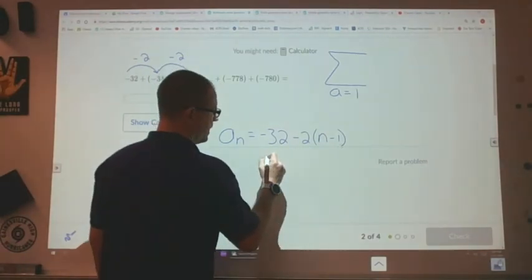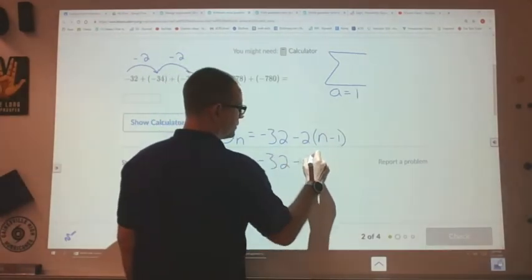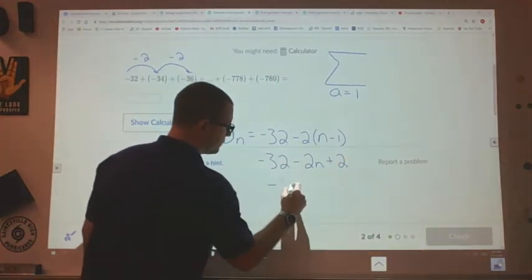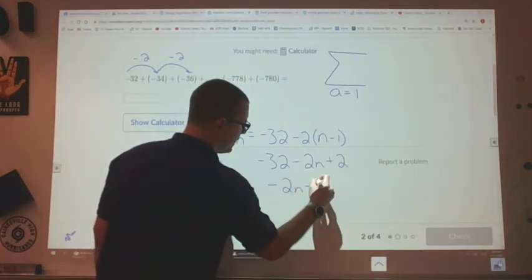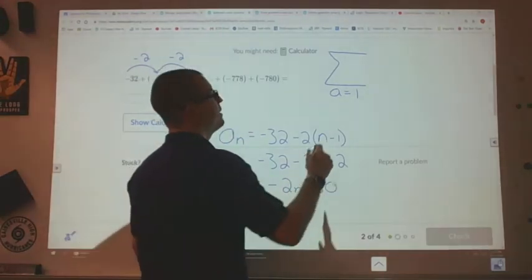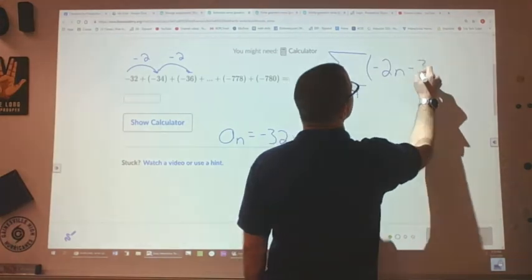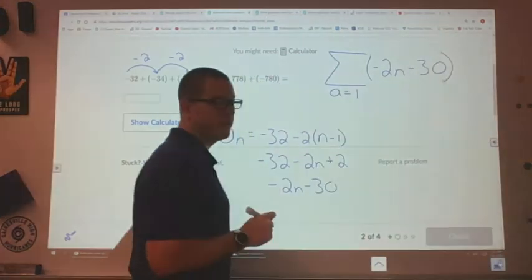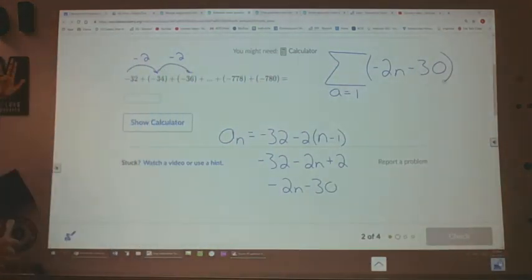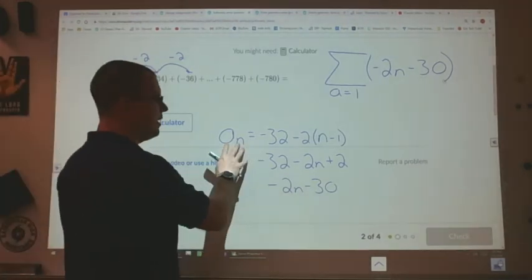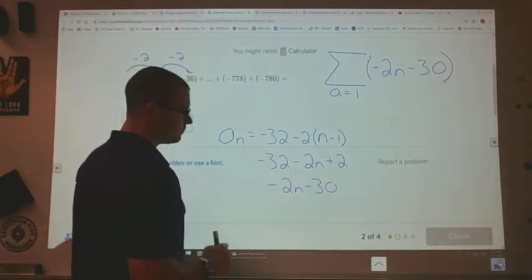That's going to be negative 32 minus 2n plus 2. So we get negative 2n minus 30. So now I've got my sequence formula, recognizing that it was a linear pattern or arithmetic, and then using that arithmetic sequence formula there.